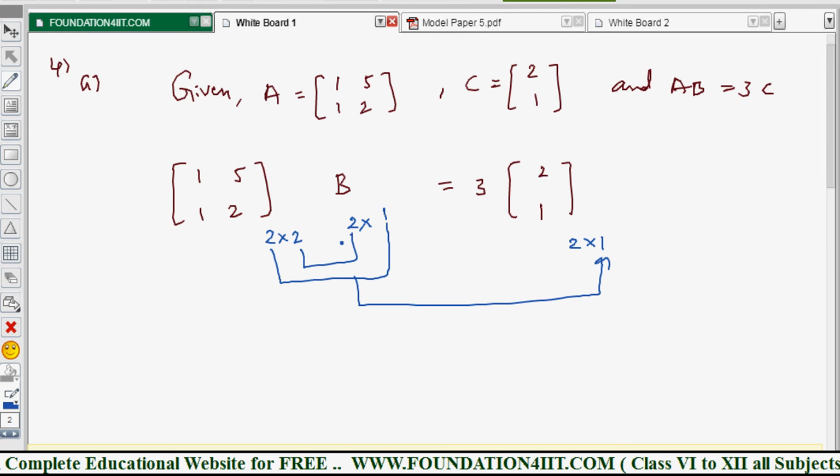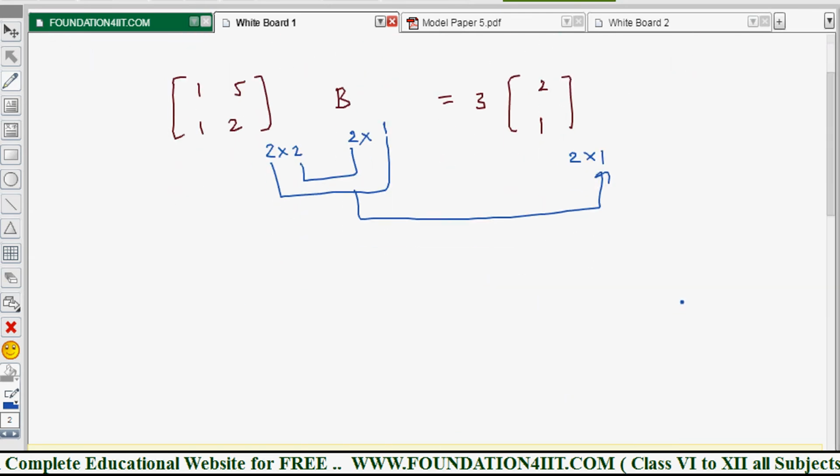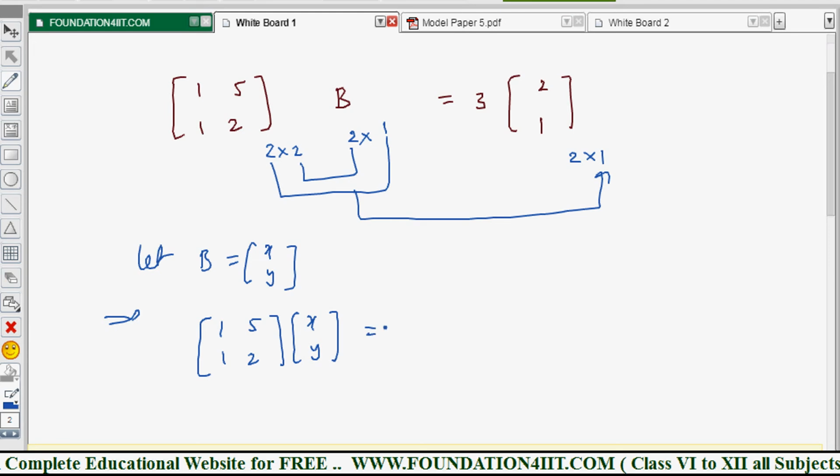So let matrix B be x, y. Then we take 1, 5, 1, 2 as matrix A and B as x, y. If we find the x and y values, that is enough. 3 into 2, 1: 3 twos are 6, 3 ones are 3, so 6, 3.